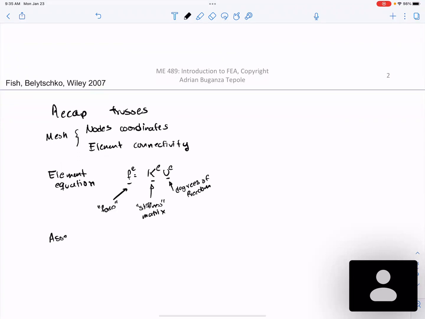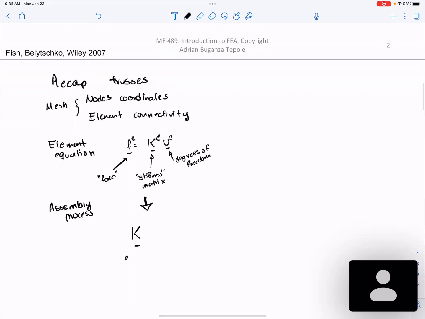And then there's an assembly process. And again, this repeats over and over and over again. We're gonna have this global stiffness matrix. And the assembly process is the same. We have this global stiffness matrix, we have the global degrees of freedom. And that equals always to some unknown reactions.